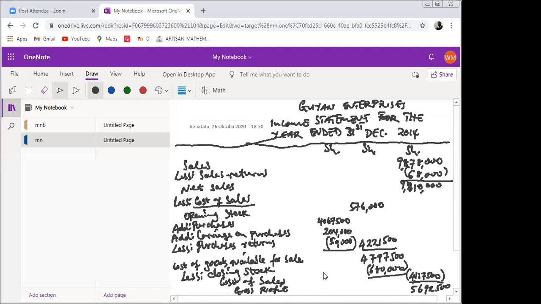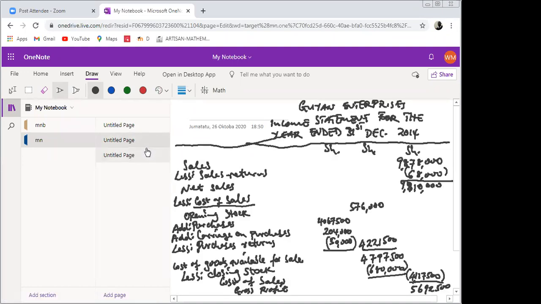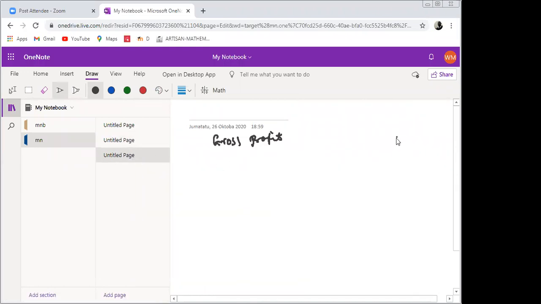Gross profit. Then, after getting the gross profit, remember your statement is supposed to continue downwards, only that my page has come to an end. We come here and find out, do we have additional or other income? The gross profit is 5,692,500.